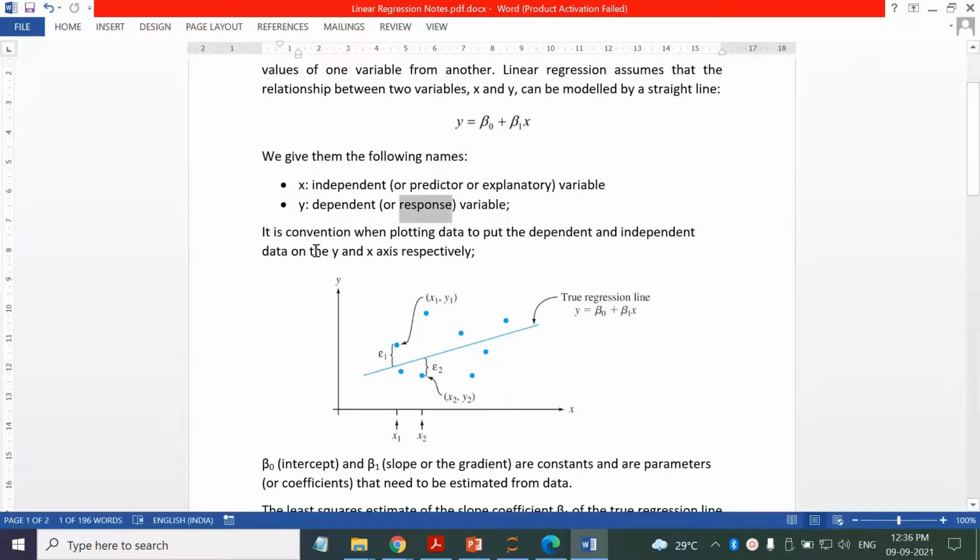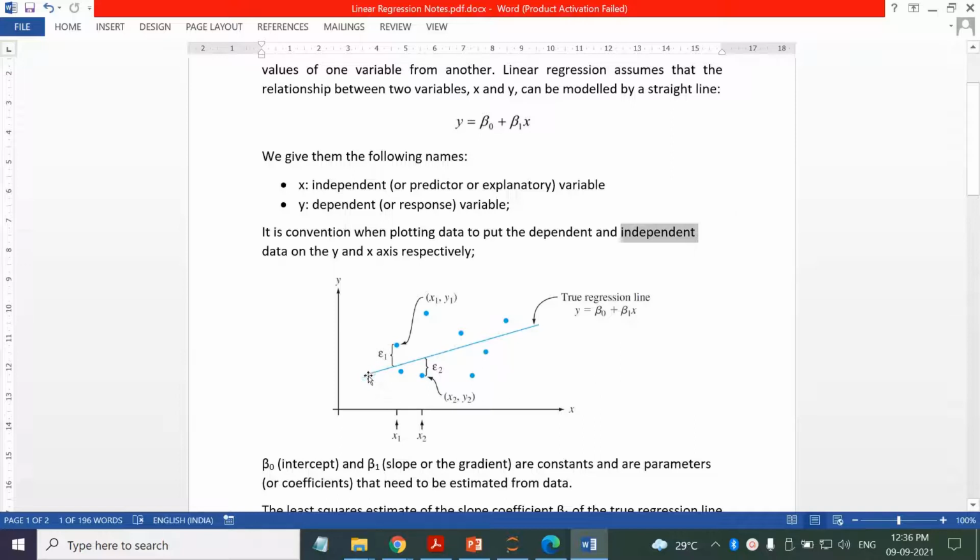It is the convention when plotting data to put the dependent variable on the y-axis, and the independent variable, x, on the x-axis.